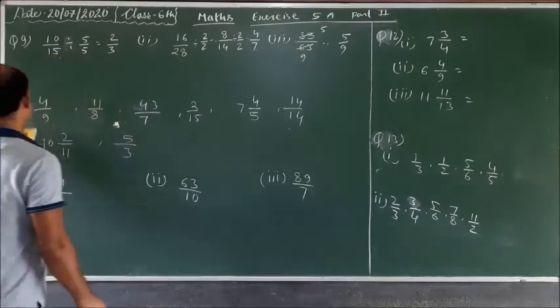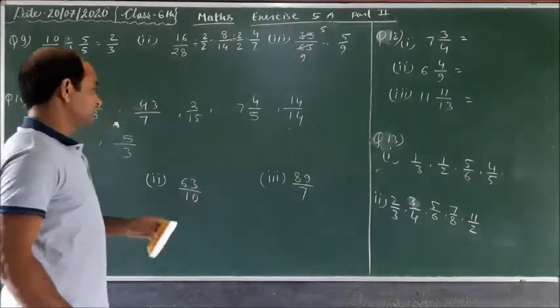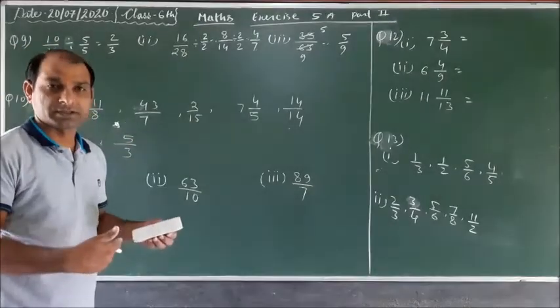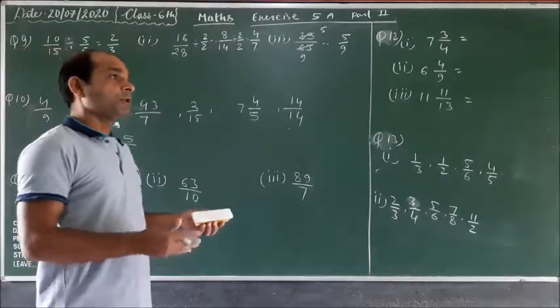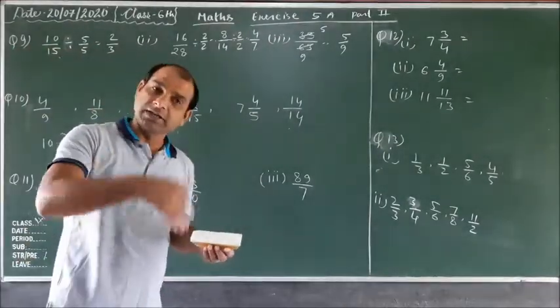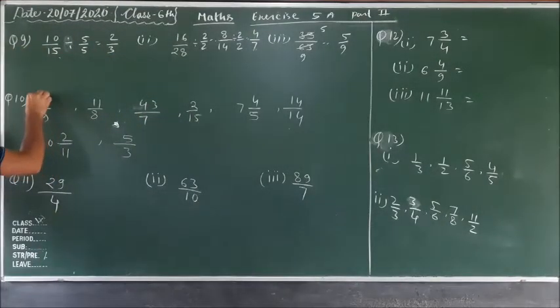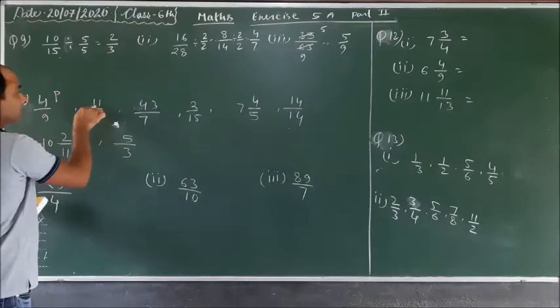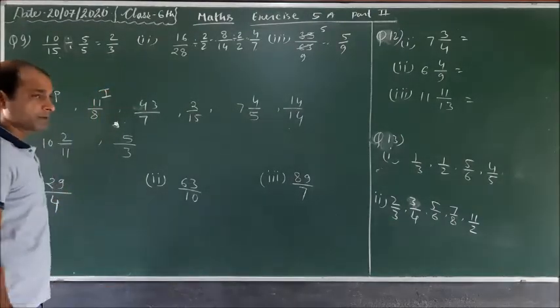In an improper fraction, the numerator is greater than the denominator, and in a proper fraction, the numerator is smaller than the denominator. So, dear children, here the numerator is smaller than the denominator, so this is a proper fraction. Here the numerator is greater, so this is an improper fraction. I for improper, P for proper.